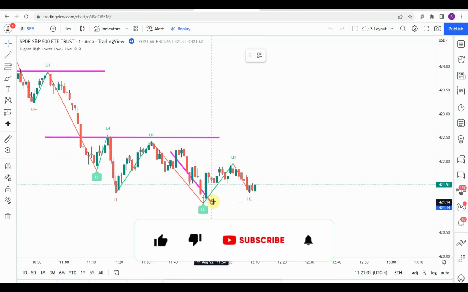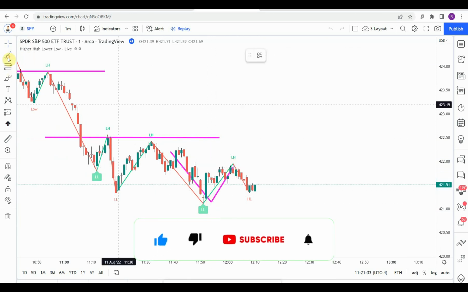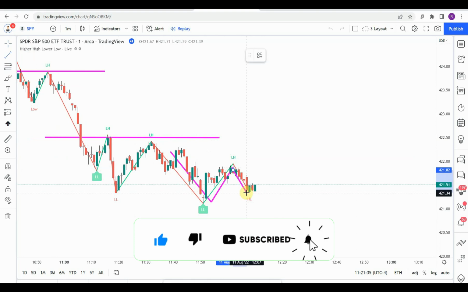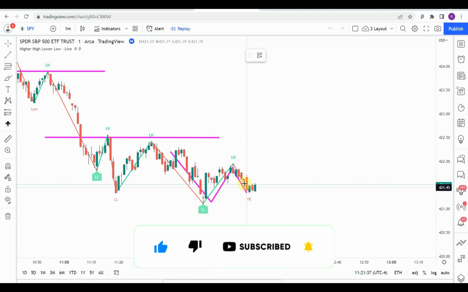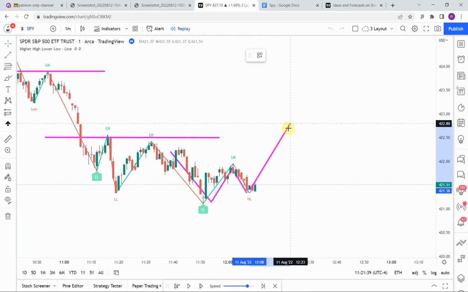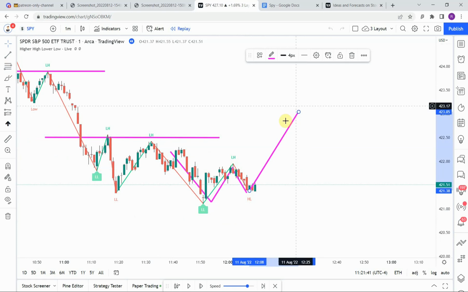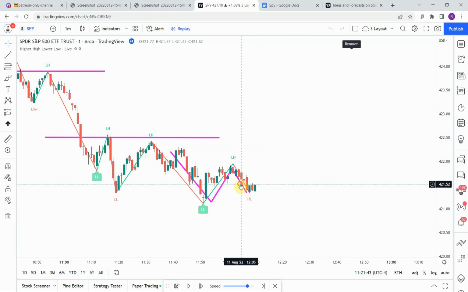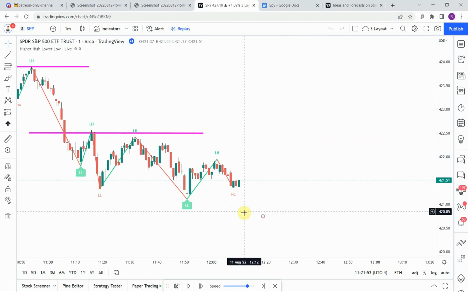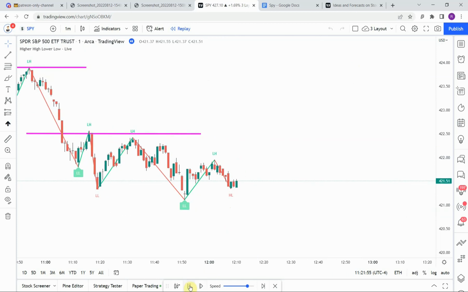It then pushes up, and then isn't able to push down lower, and in a lot of cases it will then push higher right here and be a good determination or a good predictor of price moving against the current trend. So let's go ahead and keep playing it forward here.